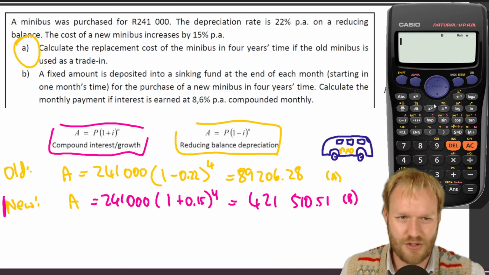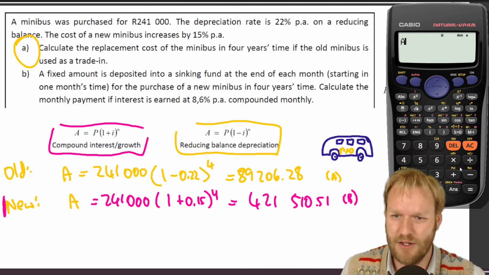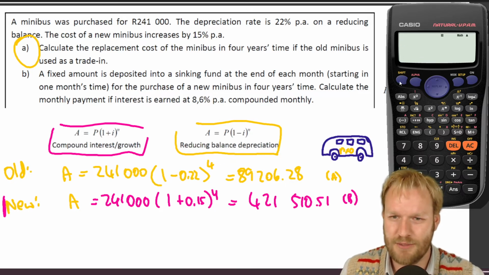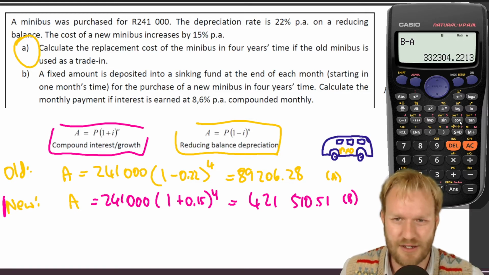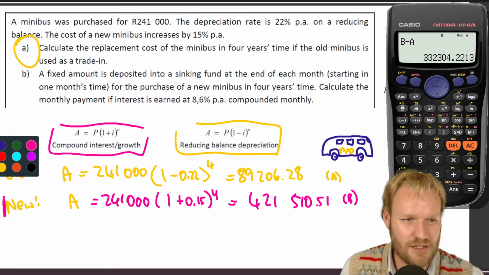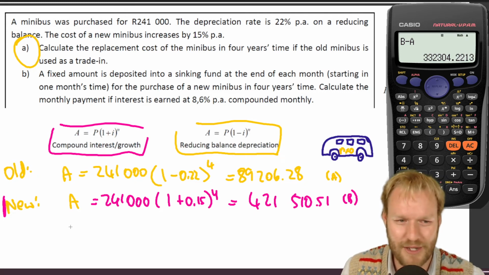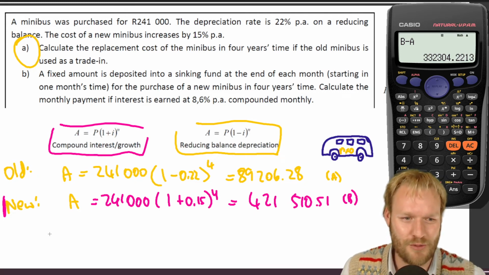So I know that to replace it, I'm going to take that number minus that number. Well, now because I've stored these things, not A minus B, I guess it should have been B minus A. Look how easy it is just to do that. So I think that's worthwhile, but I'm hammering that point away, aren't I? So what does that say? Calculate the replacement.